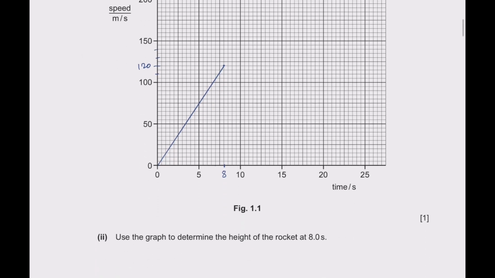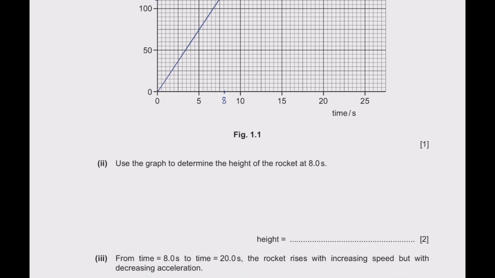B first part. Now use the graph to determine the height of the rocket at 8 seconds. Now for the height we can say that is the displacement, and area under the curve gives us the height of the rocket at 8 seconds.